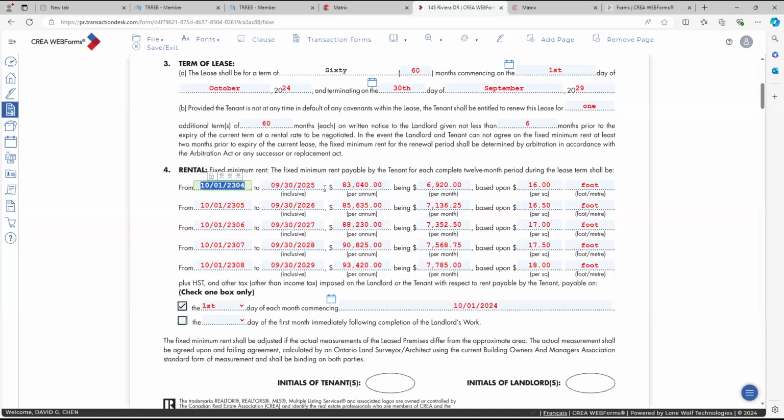Based on the net rent and the square footage, which is 5,000 something, 16 times the square footage gives you the total annual rent. Then divide by 12, and this will be the monthly net rent. Remember, it's a net rent. Later on, in Schedule A, we need to put the TMI there as well.